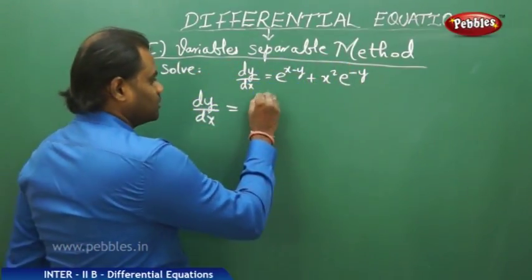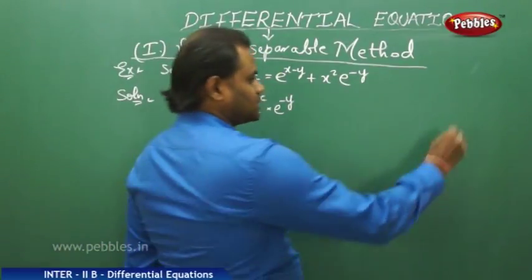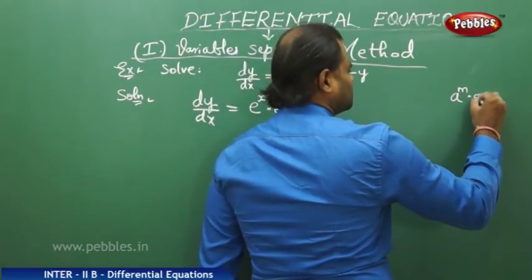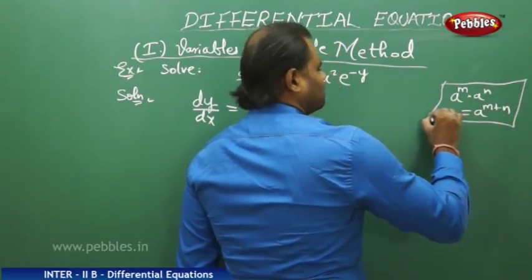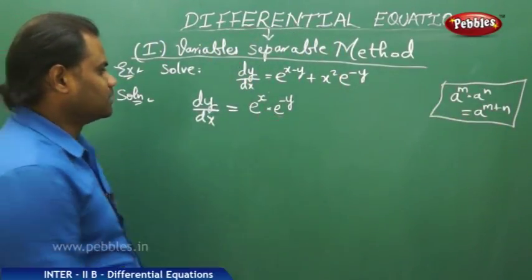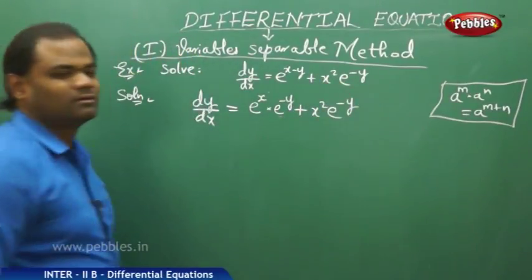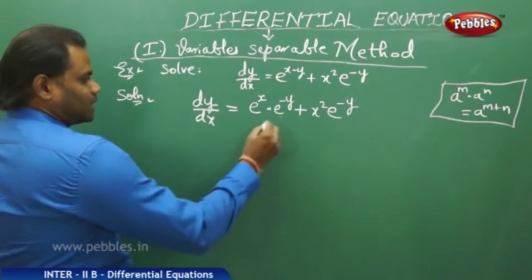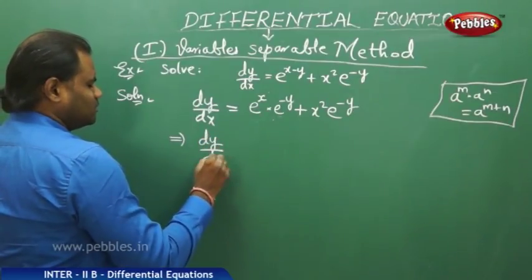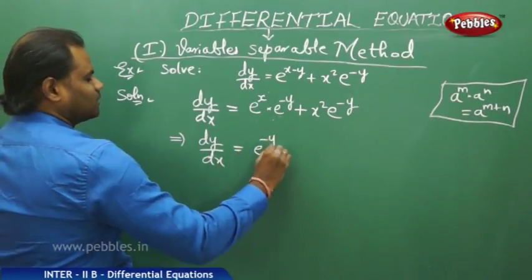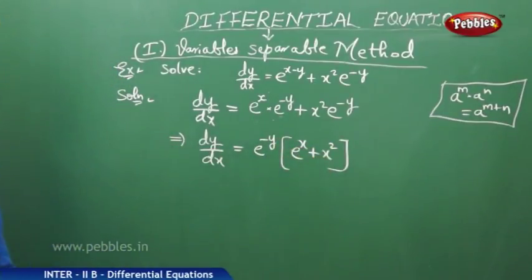I split all the variables which can be split using the law of index: a power m times a power n is a power m plus n. So separating this and writing this in the form x squared. Next, I can take e power minus y common, where I get dy by dx equals e power minus y, which is common, and I get e power x plus x squared inside.